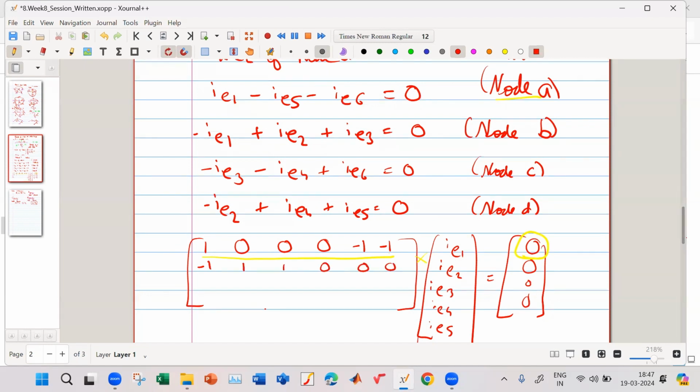This is for node B. For node C, what will you write? 0 0 minus 1 minus 1 0 1. Okay. Node D, what will you write? 0 minus 1 0 1 1 0. Okay.